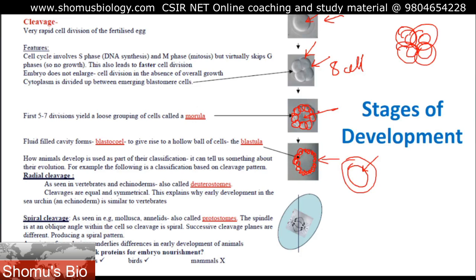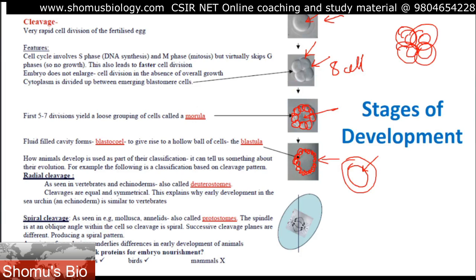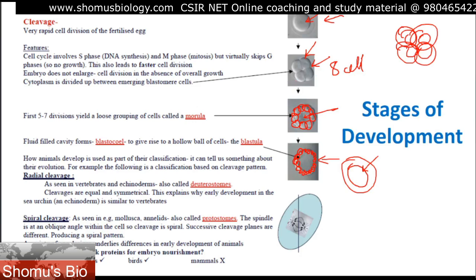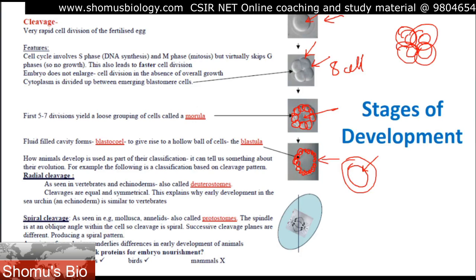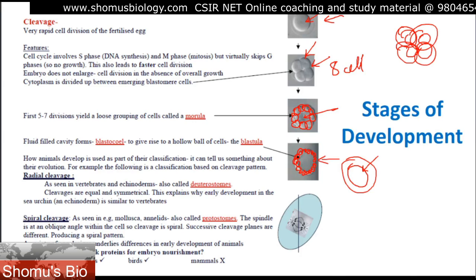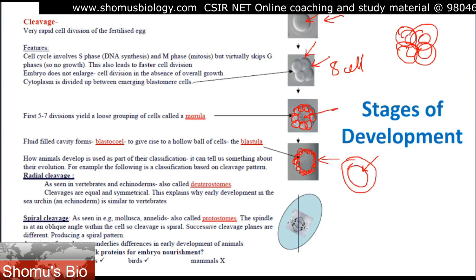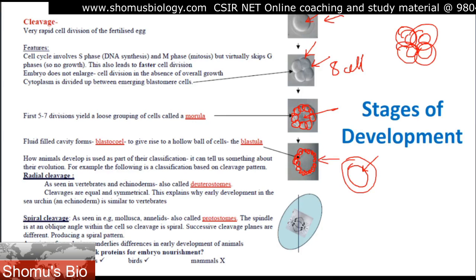Okay, so cleavage has multiple patterns, and also it has features in terms of cell division. Cleavage is not any normal type of cell division, because in cleavage we don't have normal stages of cell cycle like G1, S, G2.